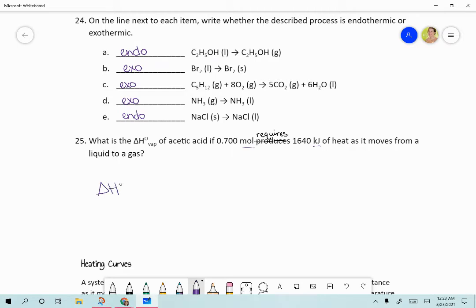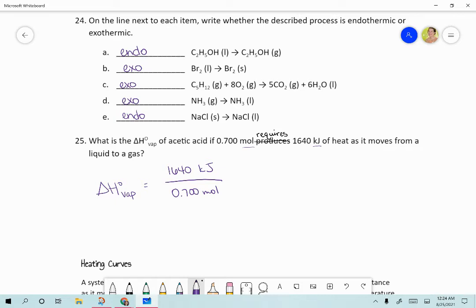So to figure out my heat of vaporization, all I have to do is take the energy that it gives me in kilojoules and divide it by however many moles of my substance that I might have.